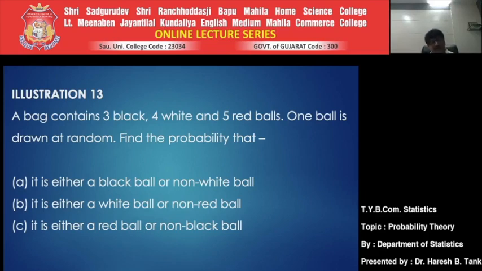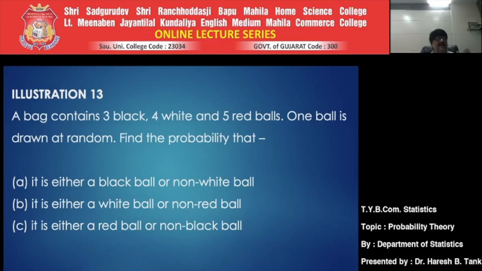It is either a red ball or a non-black ball. Fine enough. Understood? Again, as I said earlier, just reread the whole example. The second time you read the problem, that problem will speak for itself.